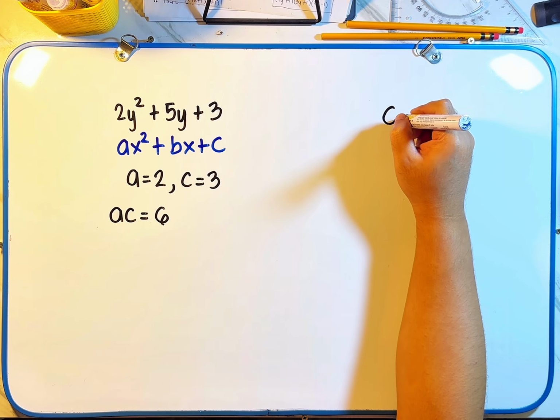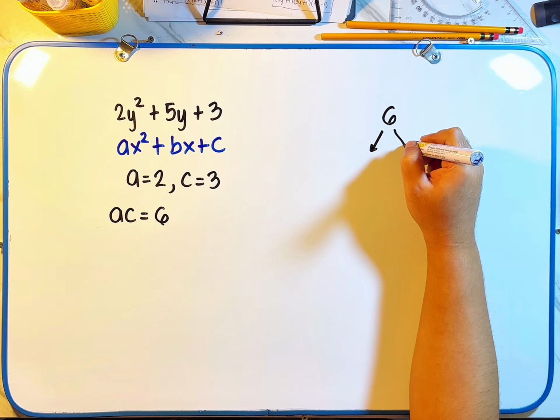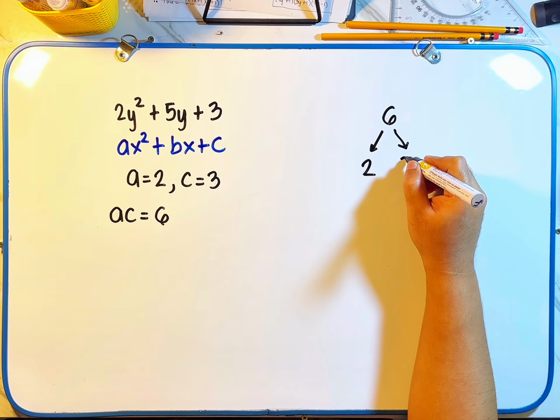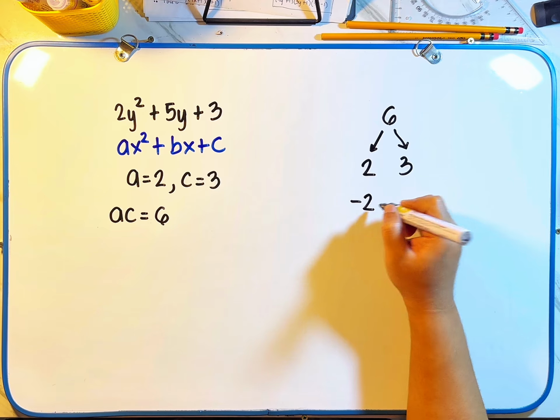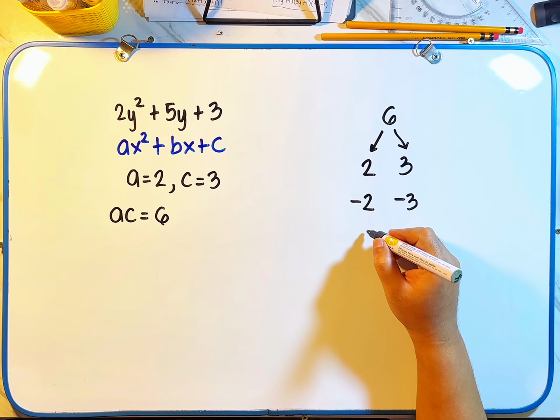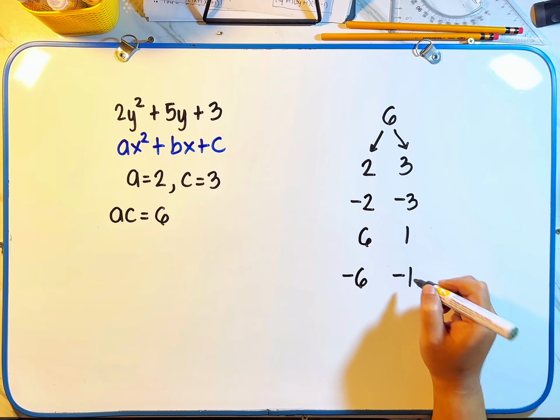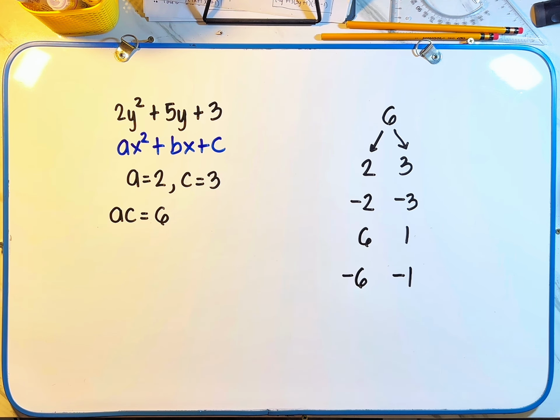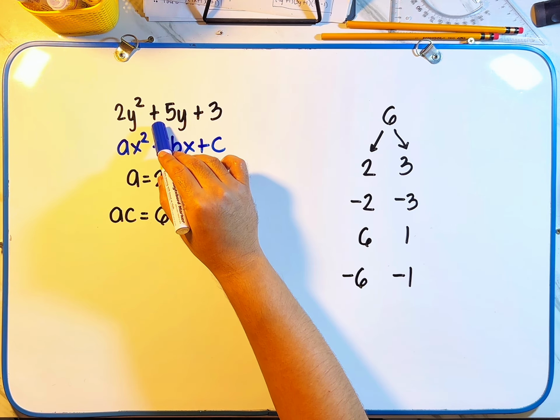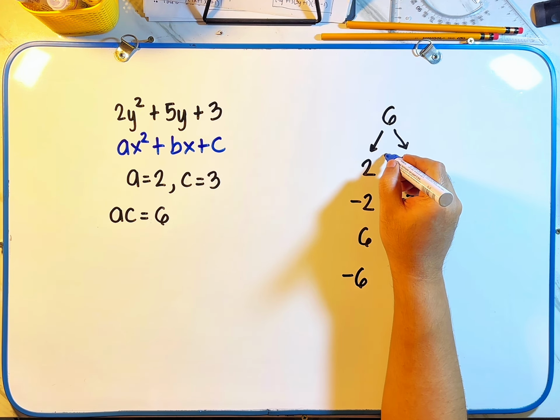Now, let us write down all the factors for 6. We have 2 times 3, negative 2 times negative 3, 6 times 1, and negative 6 times negative 1. Now, the factor pair that has a sum of positive 5 is 2 and 3.